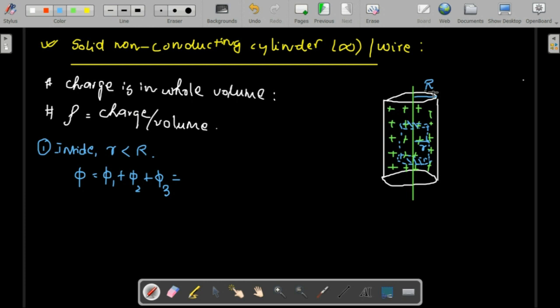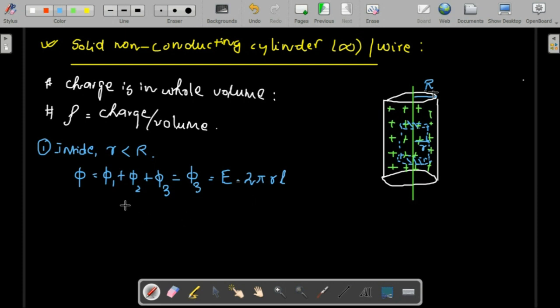I'm only having phi 3, which is the flux coming out of this Gaussian surface. So you have to take E dot area, and the total area is 2 pi r times the length of this cylinder, let's say l.